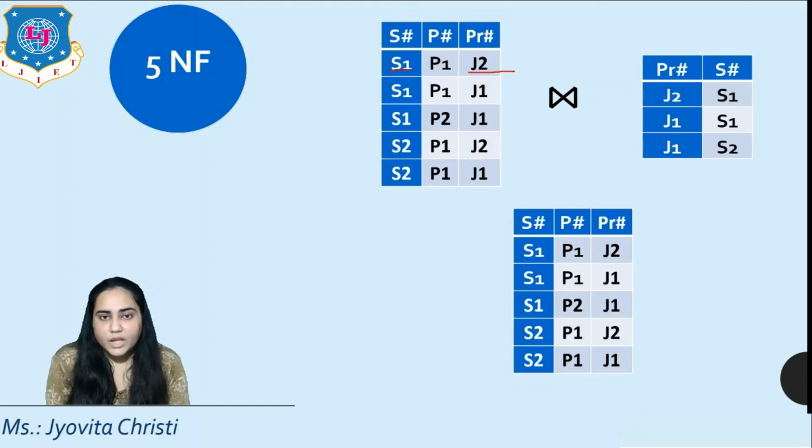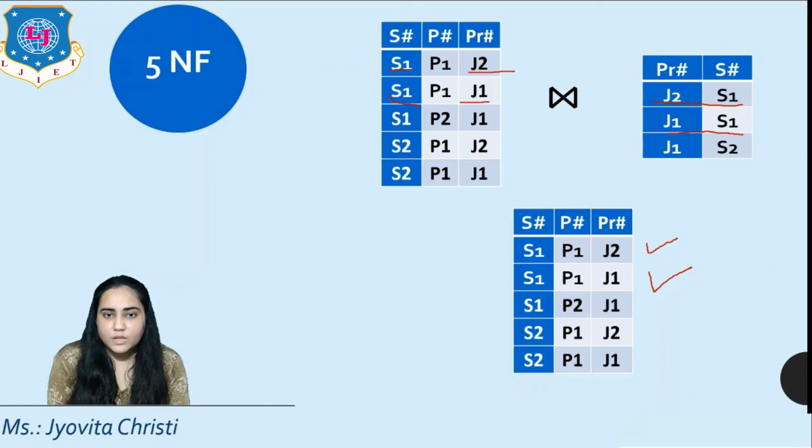So now S1 and J2 are appearing in the first row, in the left hand side table, and on the right hand side table S1 and J2 are present. So we are going to keep this row. The second row contains S1 and J1, which are also present in the right hand side table. So once again, we are going to keep this row also.